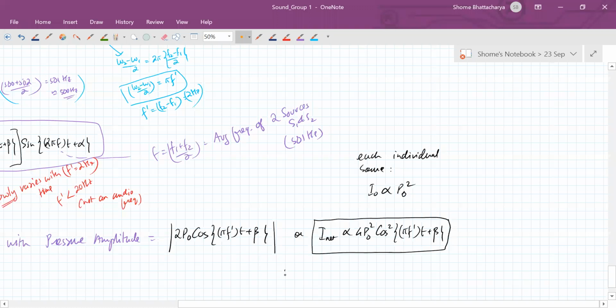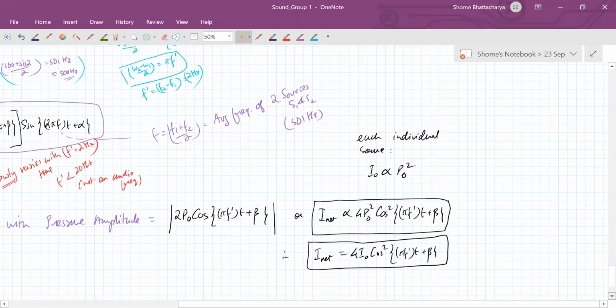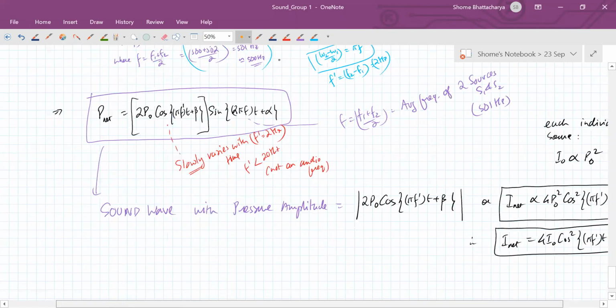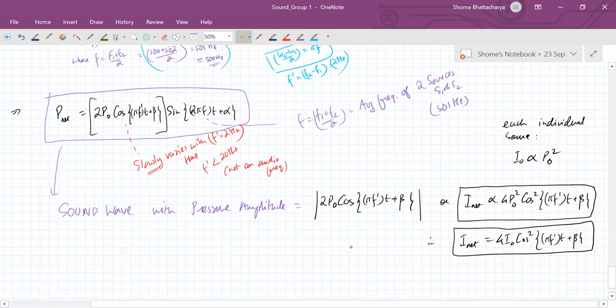So therefore you can say that the net intensity is 4 I naught cos square of this term. Whether you look at the mod cos function or the cos square function, you can see that the sound wave has a pressure amplitude which is time varying.